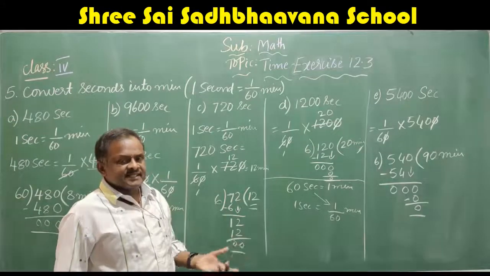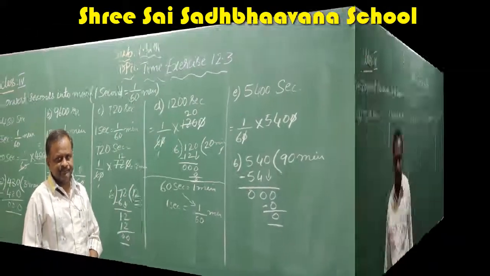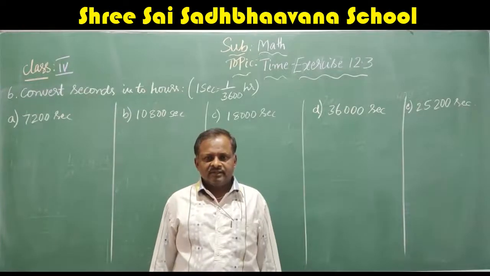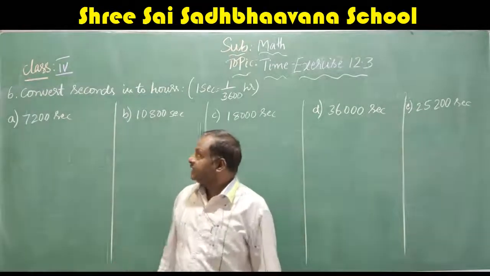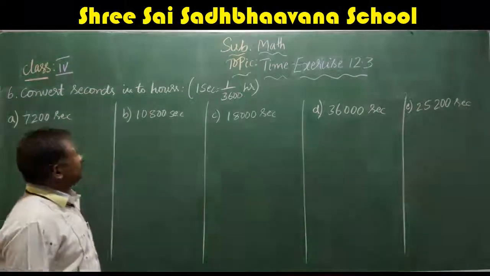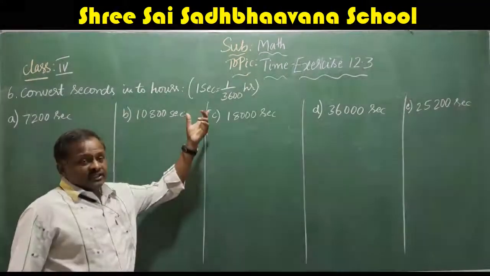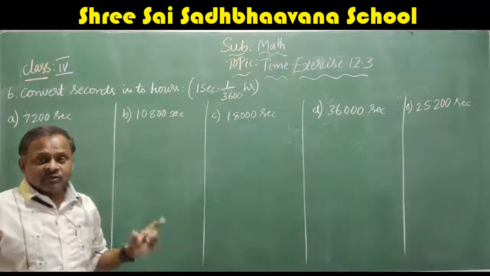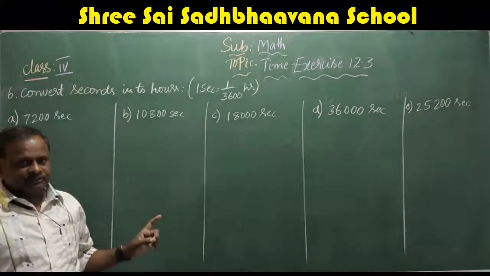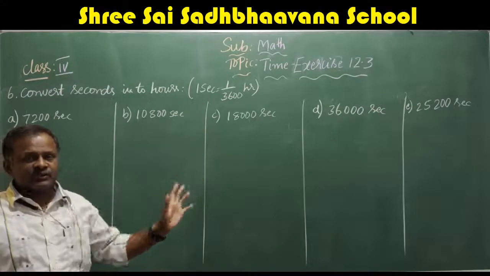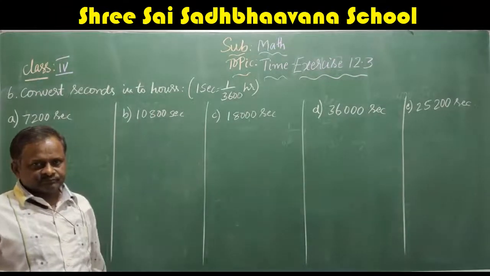Next we will move to the 6th main, that is, convert seconds into hours. You know very well 3600 seconds are 1 hour.